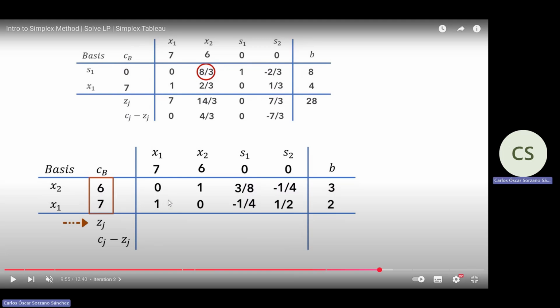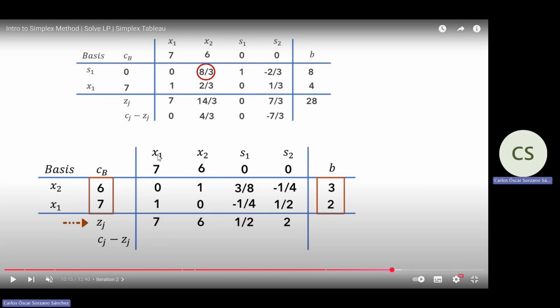Now we repeat the same. We can multiply the coefficients times each one of the vectors. This is for the basic elements: how much you have to give up if you get x2 or x1 out of the basis.